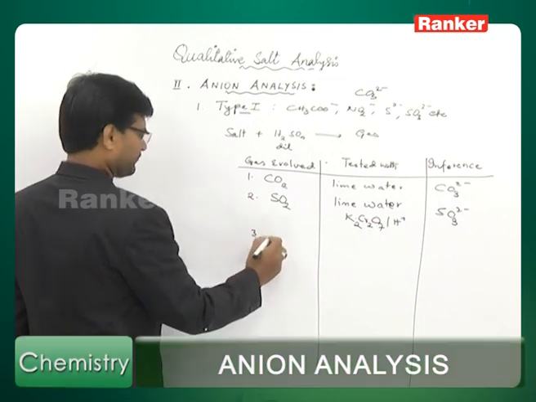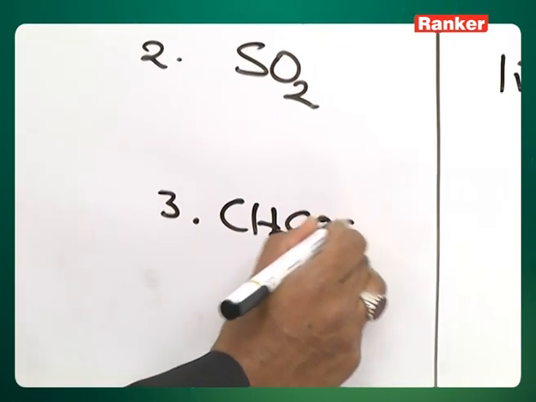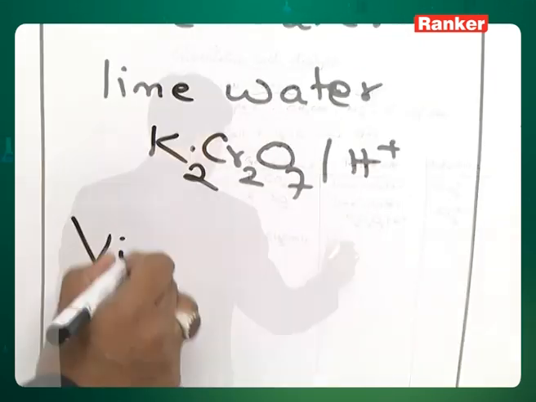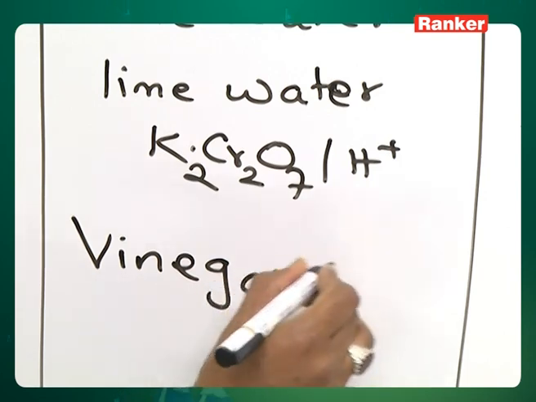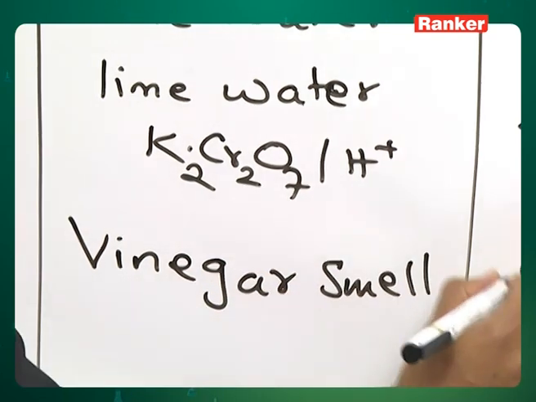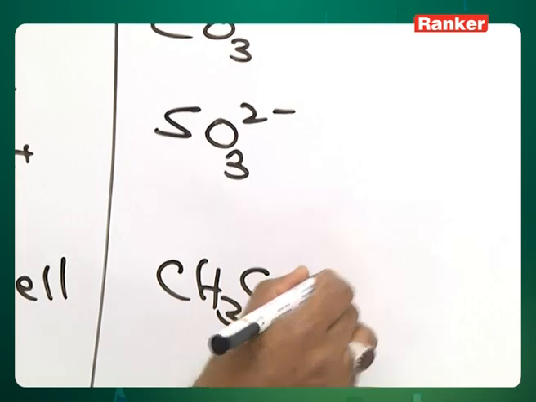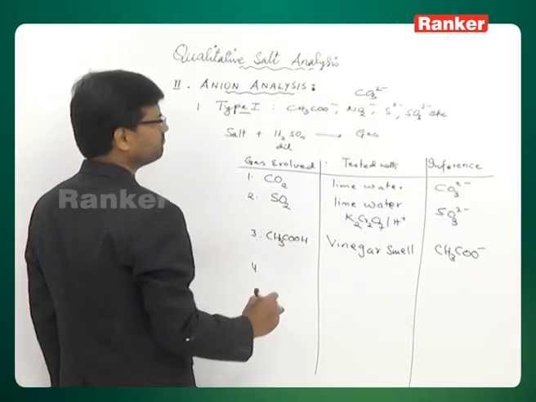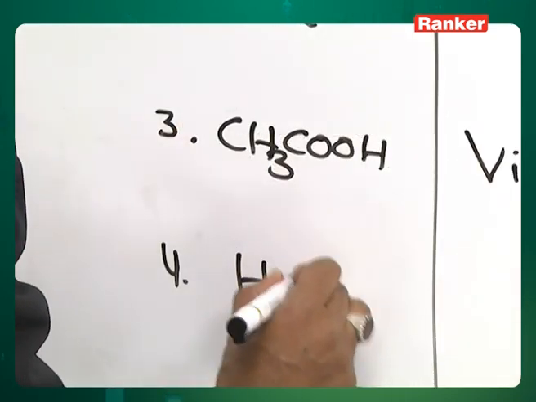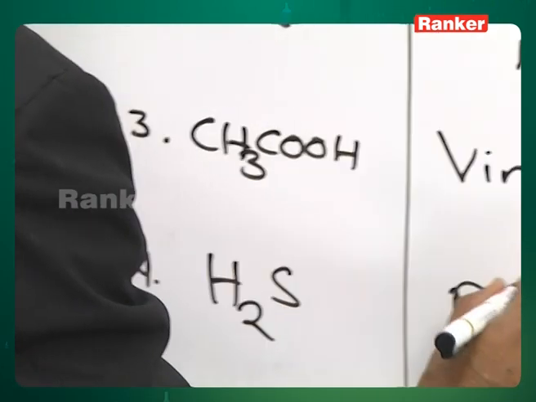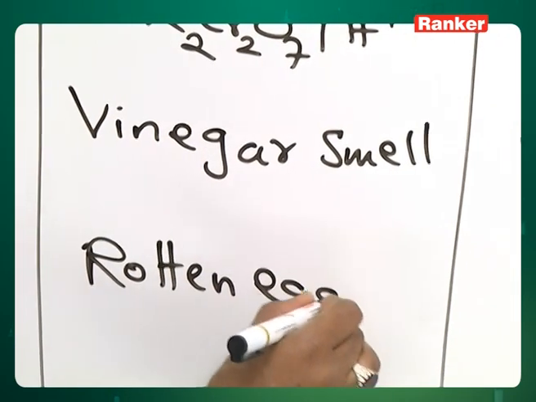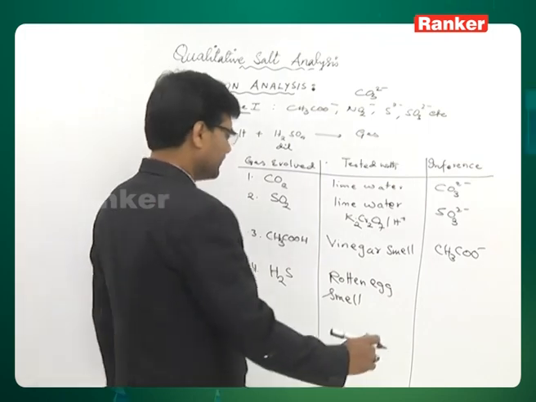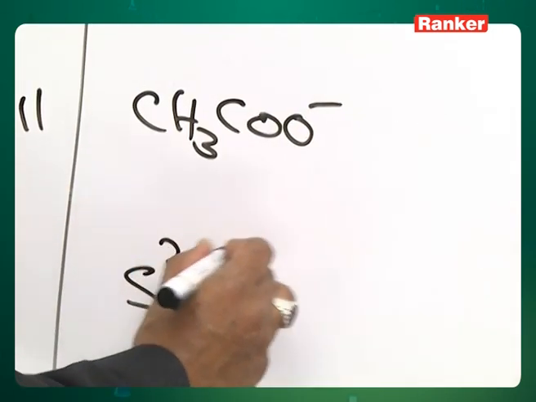Number 3, acetic acid, vinegar smell. The salt is acetate salt. Number 4, H2S, rotten egg smell. Of course, there are other methods of testing H2S, and the salt is a sulfide salt.